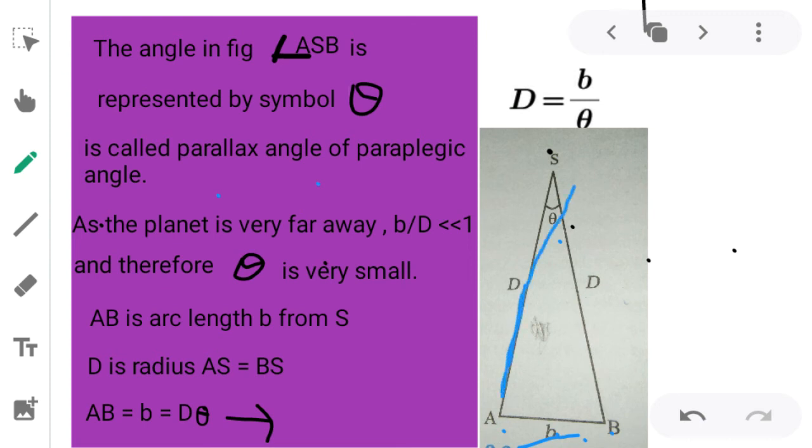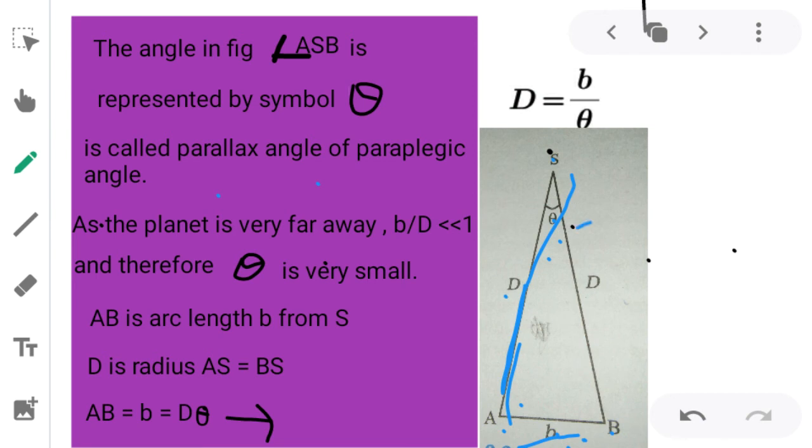Capital D is the distance from an observatory to the star. Here b by D is much less than 1, and therefore theta is also very small, and arc AB is the length b from S. D is the radius AS, and AB are the same. Therefore b equals D into theta.